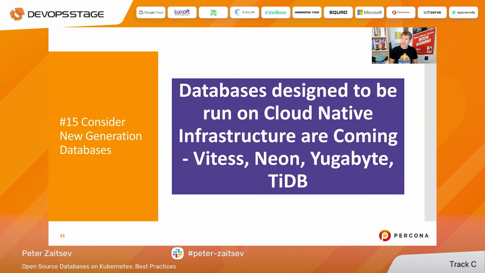Well, there are databases being designed right now for this. Some of them, such as Vitess, are essentially like a proxy which uses MySQL and its foundations. Others such as Neon, Yugabyte, TiDB are databases designed from the ground up for cloud concepts.